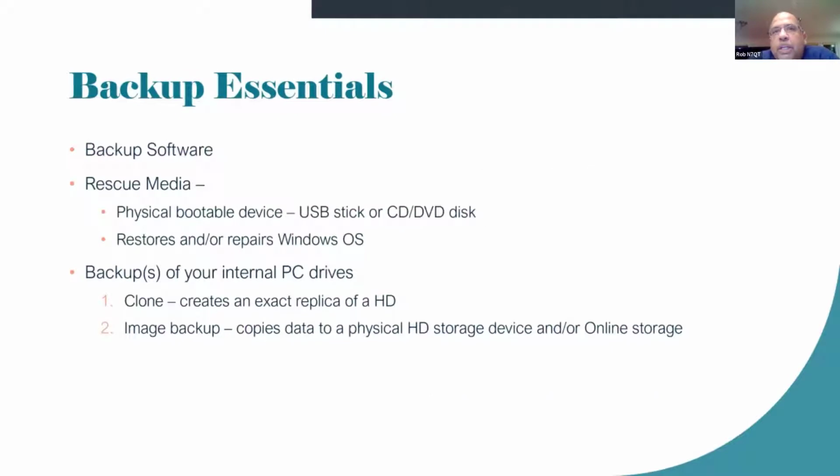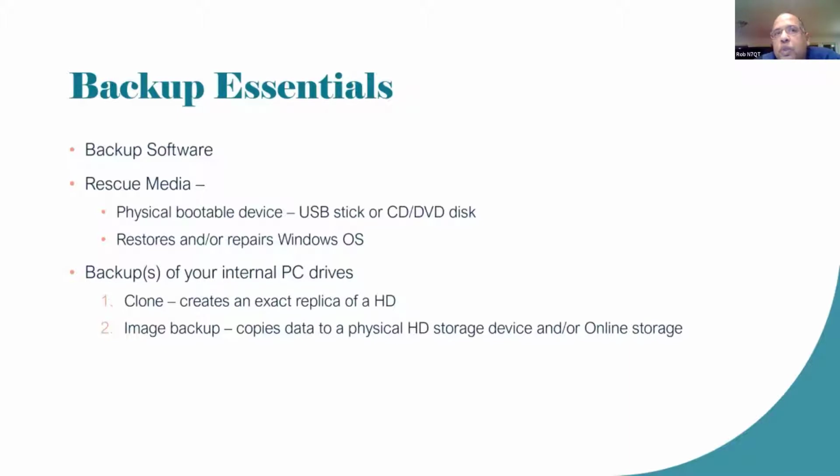So this is all that you need to basically save your PC. You need backup software, and we'll introduce you to the company that we use, the software that we use to do backups. You need a rescue media. What the rescue media is, typically, is a USB stick or a CD or DVD disc that contains a very shrunk down version of Windows.